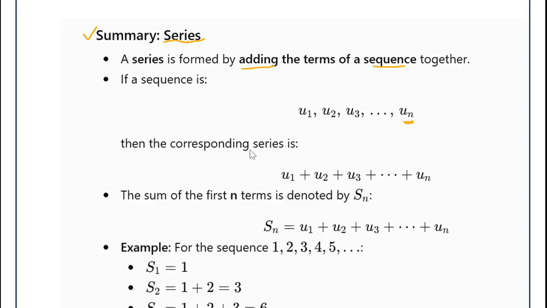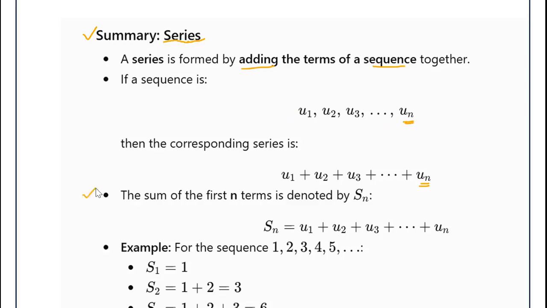Then the corresponding series is the addition of the terms or the numbers of this sequence, and therefore we shall say U1 plus U2 plus U3 plus we keep on adding the terms up to the last term Un. That is what a series is. It is simply the addition of the terms of a sequence. What we obtain after adding the terms of a sequence is what we call a series.